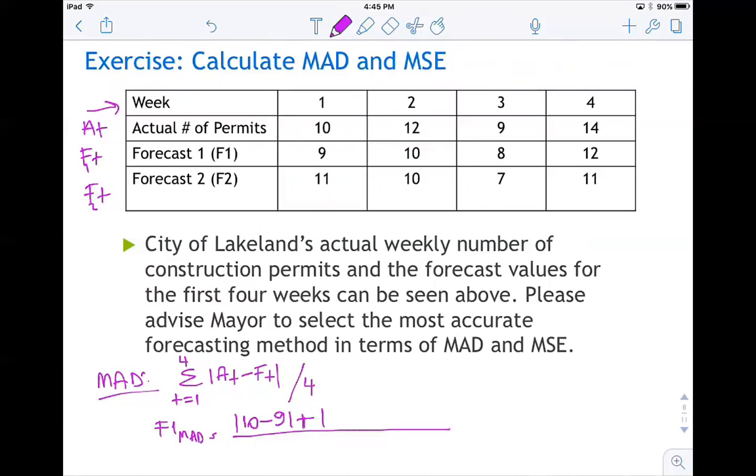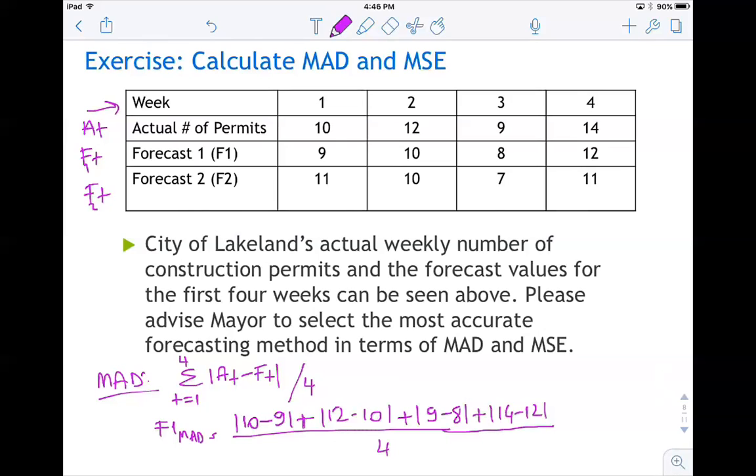And we keep doing this for the second one. That is 12 minus 10 in absolute value plus 9 minus 8 plus 14 minus 12, and divide this by 4.